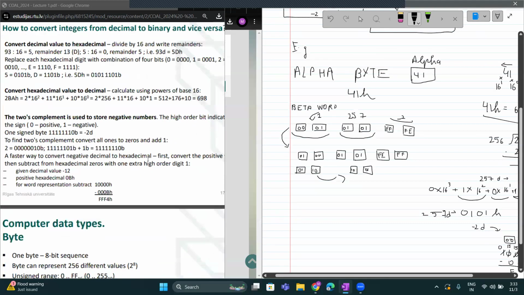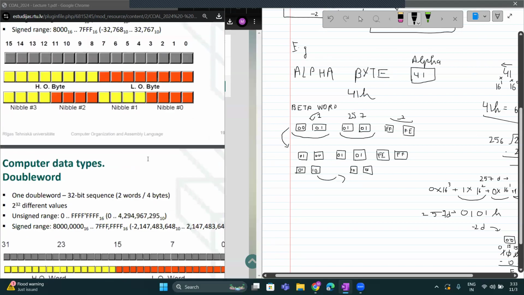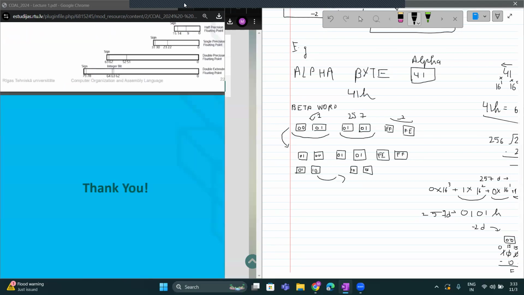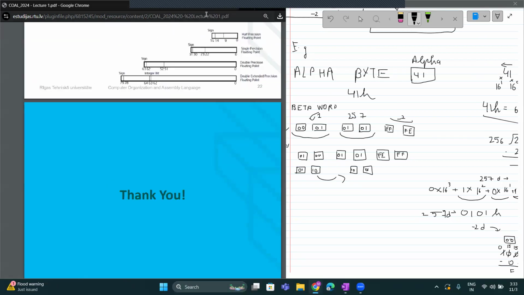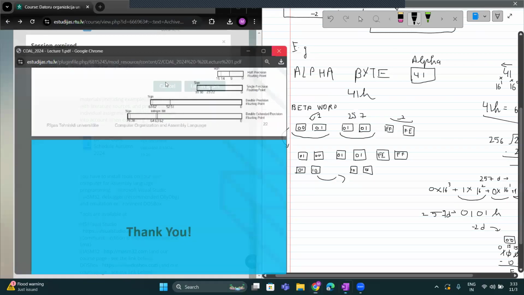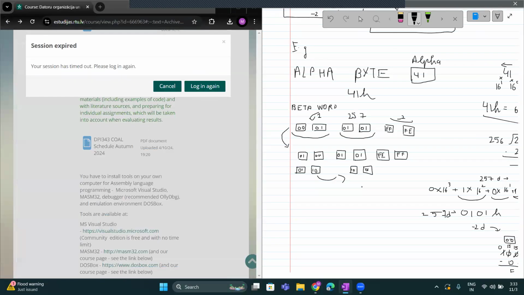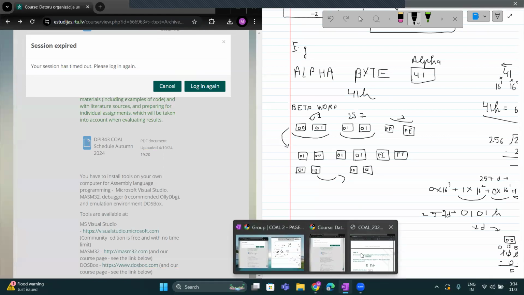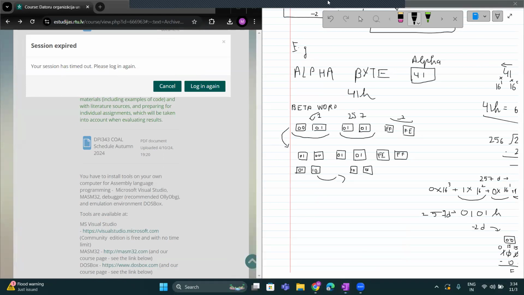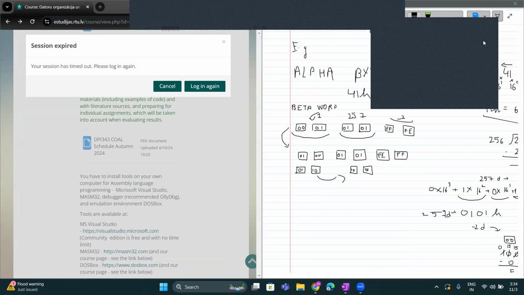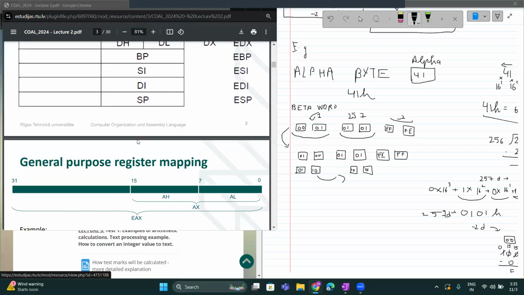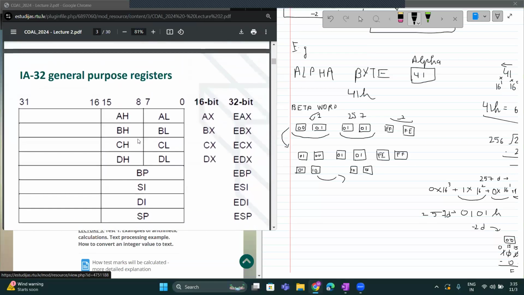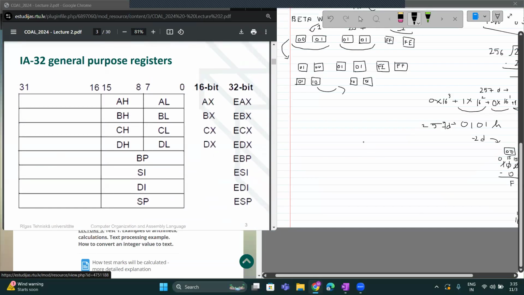Now let's go on to registers. Yeah, so now let's look at the registers.